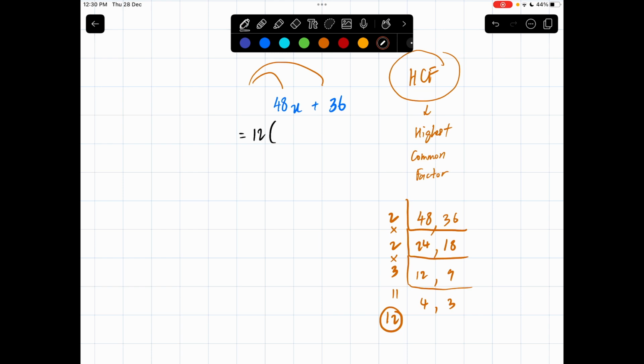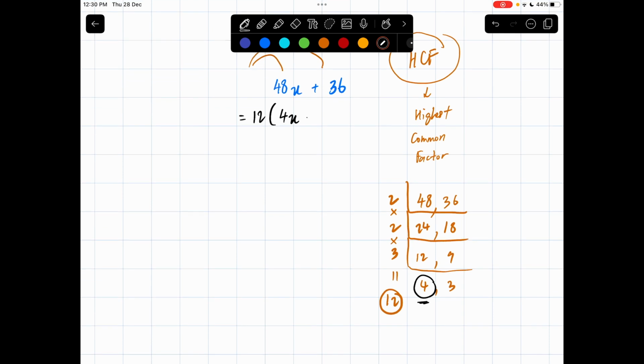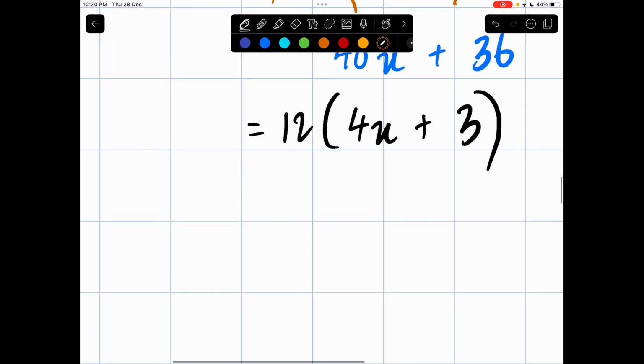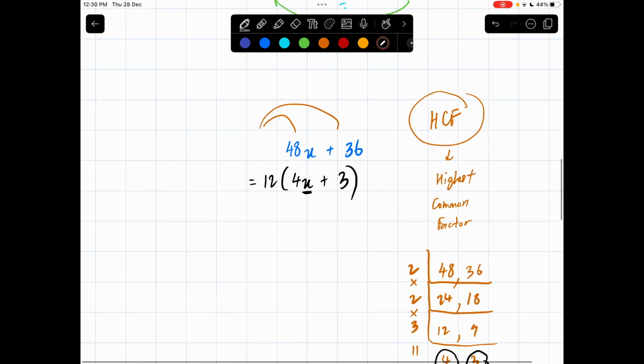So inside, we will have 12 times what? We get this 48. 12 times 4 right here. 12 times 4 gives you 48. And 12 times 3 gives you 36. And for the x, we are not going to disturb it because there is only x in one of the terms.